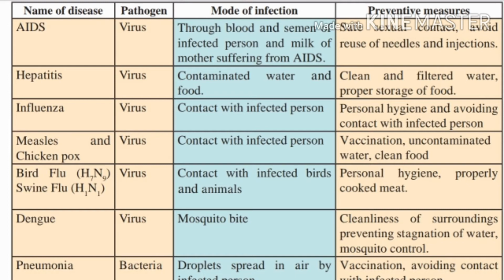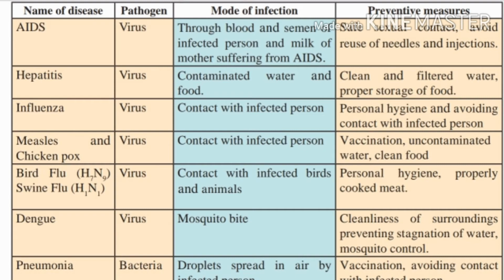Then, the third disease is influenza. It is also caused by a virus. This disease spreads if a person comes in contact with an infected person. To avoid this disease, one should follow personal hygienic habits as well as avoid contact with the infected person.